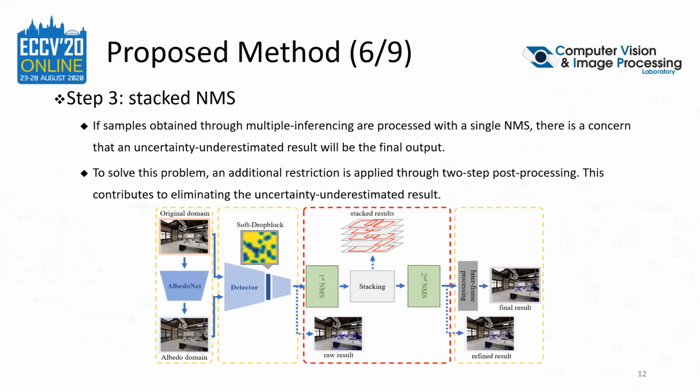The third one is stacked NMS. We refine the result through two-step post-processing. The two-step post-processing is advantageous in finally obtaining reliable boxes because refinement is carried out after reducing unclear and overlapping boxes. Then based on the grouping result, the frequency of detected boxes is calculated, which imposes an additional constraint to infer a reliable result.